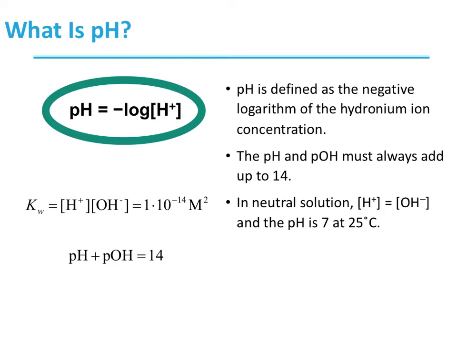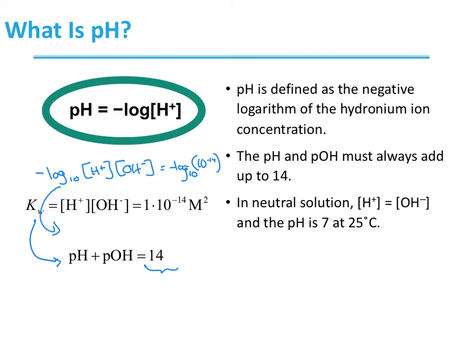The pH plus the pOH must always add up to 14. And we can get to this equation from the Kw expression using some logarithmic math. So if we take the negative log base 10 of H plus times OH minus, that will equal the negative log base 10 of 10 to the minus 14. Now, whenever you have a log expression of two things multiplied together, that is rewritten as the summation of those two things.